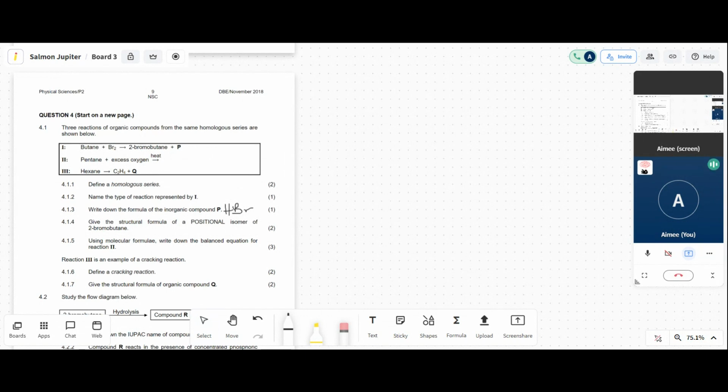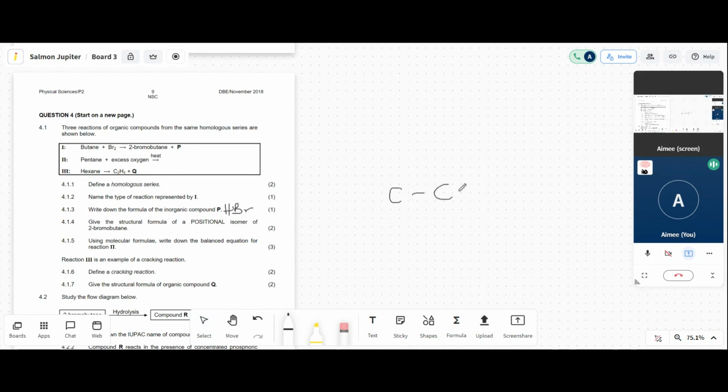You can see in this one, your bromo was on the second carbon. This describes the position of your bromine atom, and it's telling you that it's on the second carbon. So all you have to do is just move it to a different carbon.